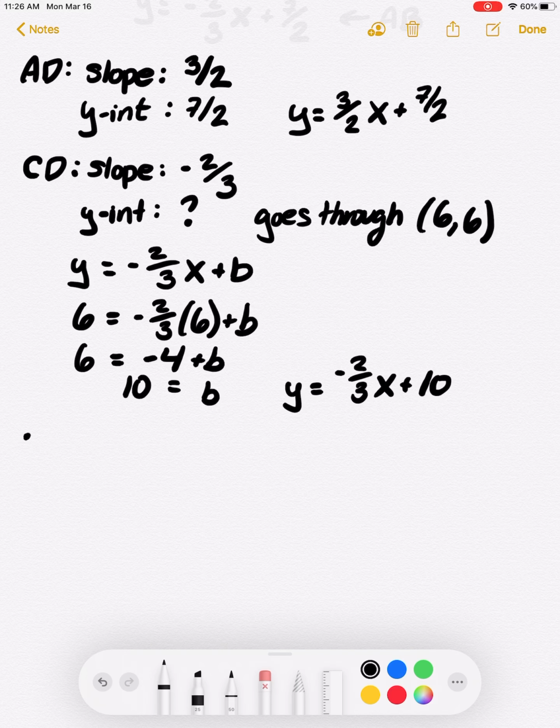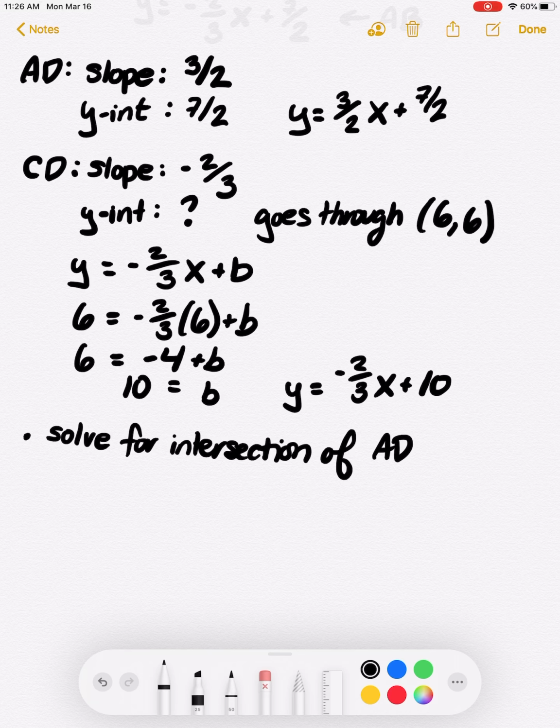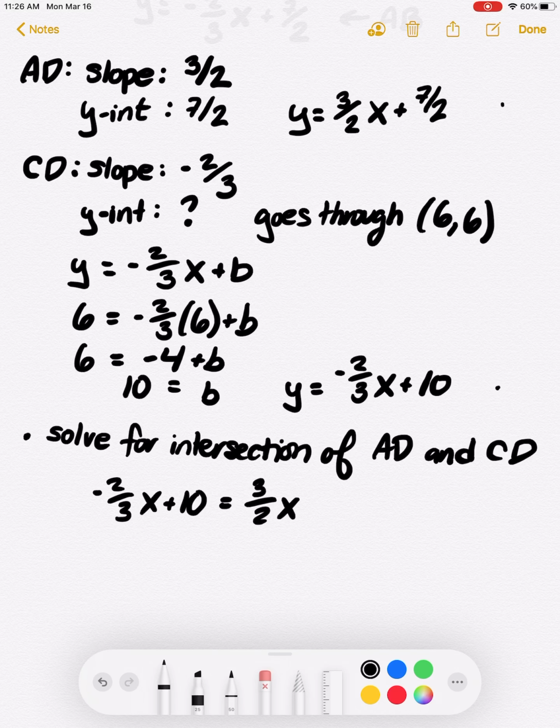So what we want to do next is we want to solve for the intersection of AD and CD. So we can just set these two equations equal to each other. So we get minus 2/3 x plus 10 is equal to 3/2 x plus 7/2.